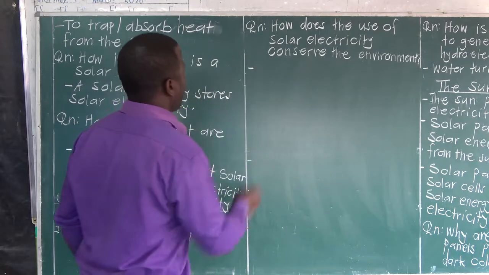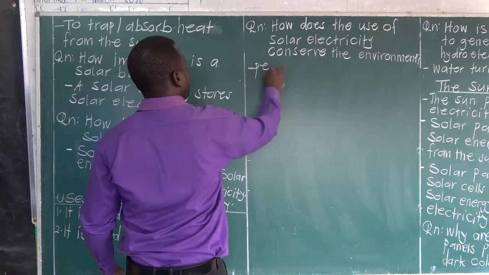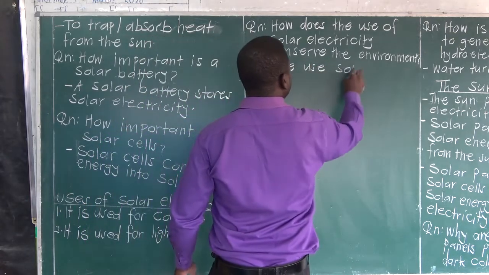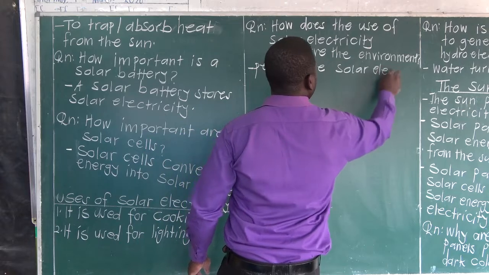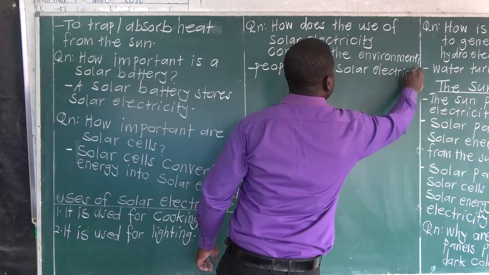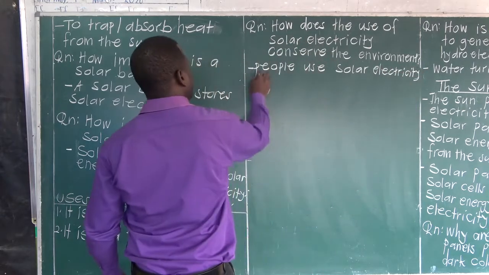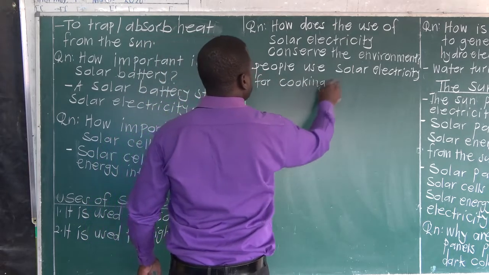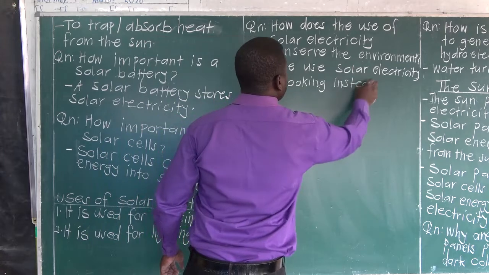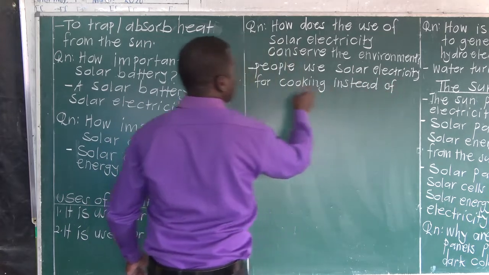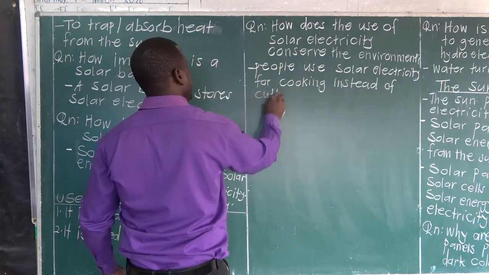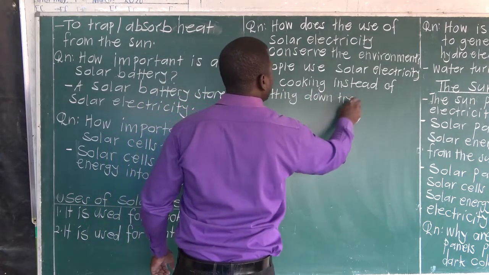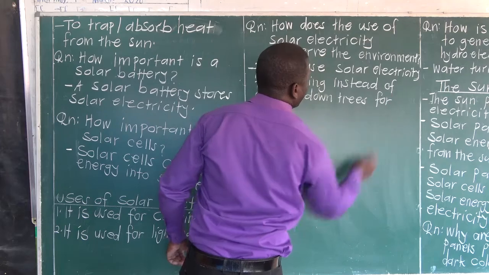Here we shall say, people use solar electricity for cooking instead of cutting down trees for wood fuel.